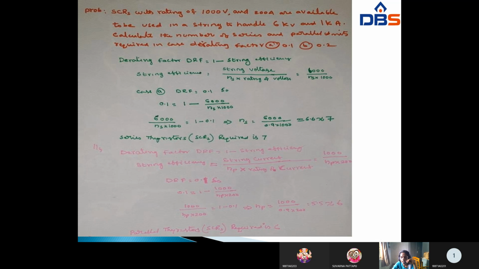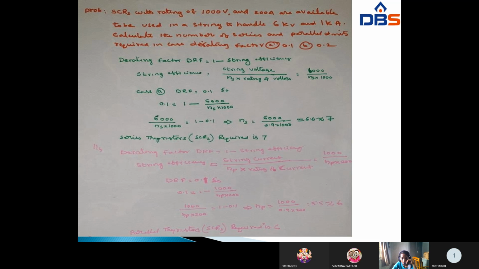Here the derating factor is given. Derating factor equals 1 minus string efficiency. String efficiency equals string voltage divided by the number of string thyristors Ns times the rating of voltage. In case 1, derating factor equals 0.1.